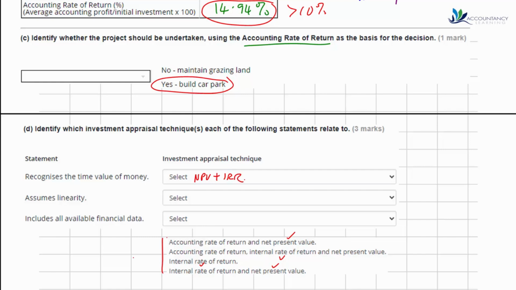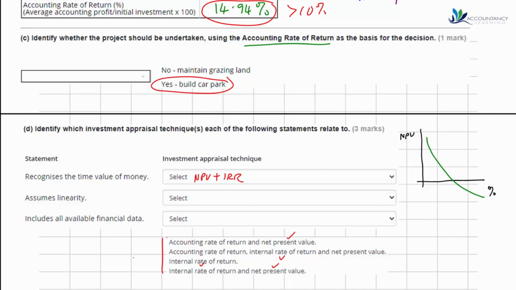So let's use this as an opportunity to revise what is the internal rate of return. So if we imagine we're going to do a graph, and on our graph we'll have our cost of capital on the horizontal axis and then the net present value on the vertical axis, and the way it's going to look is a bit like this.